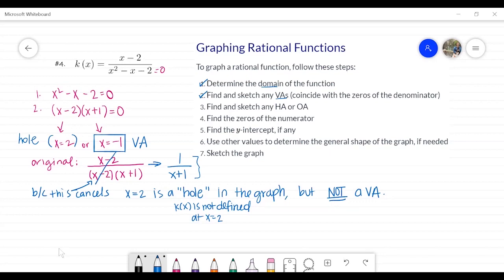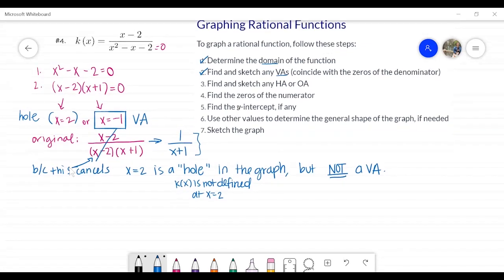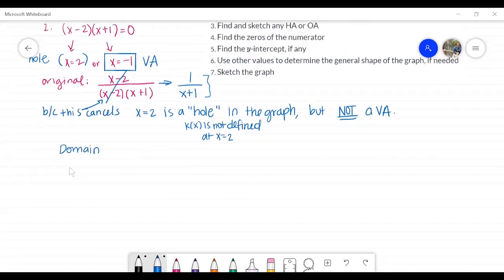So even though it doesn't translate to a vertical asymptote, our domain is going to take both values out. If I was to draw that, we have a hole at 2, and we have a vertical asymptote, also a circle on here, also undefined, at negative 1. And our function is defined everywhere else.